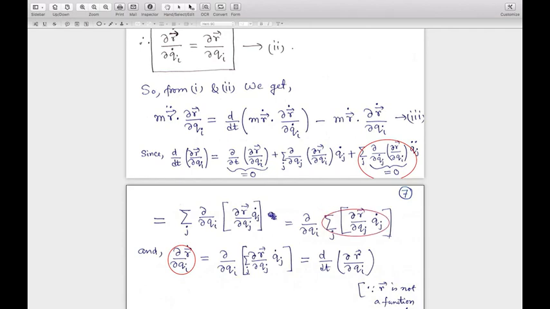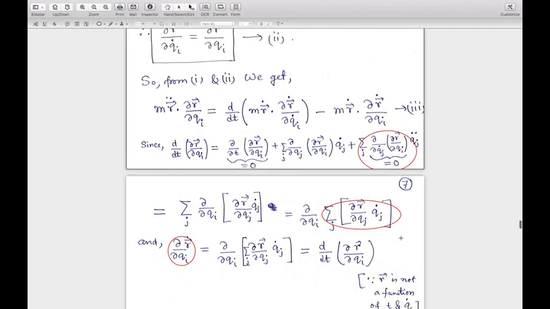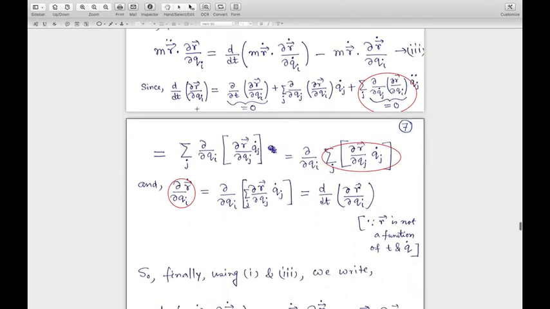This is equal to d/dt of the r vector simply because r is a function of q's only. Now do this problem also assuming that r has an explicit dependence on t as well. So r is a function of q's and t, and prove the same result. You will see the same result follows there as well. That means ∂ṙ/∂qi will be equal to d/dt of ∂r/∂qi.